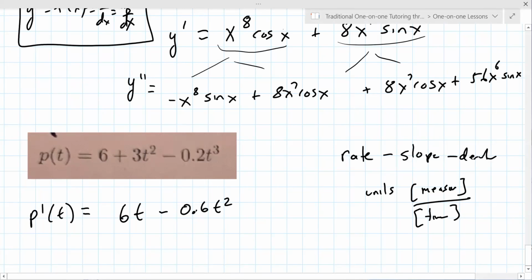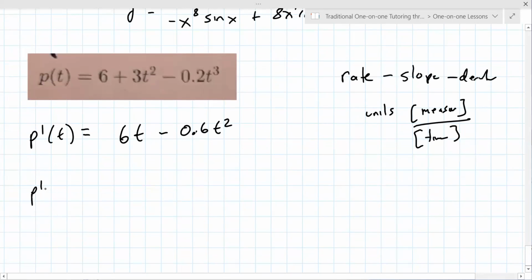So this is the growth rate equation. You can get the growth rate at any time, but they want it specifically at t equals 4. They want you to evaluate the derivative at 4. So you're simply putting 4 in for t, and you get a number here.